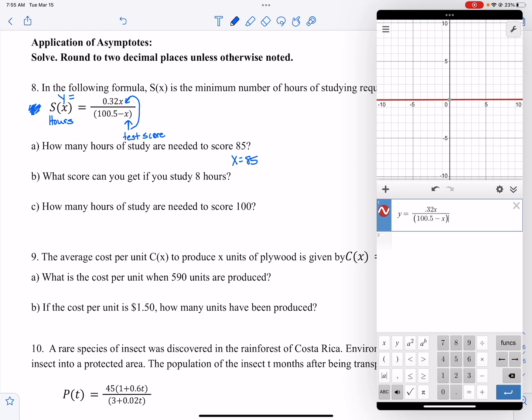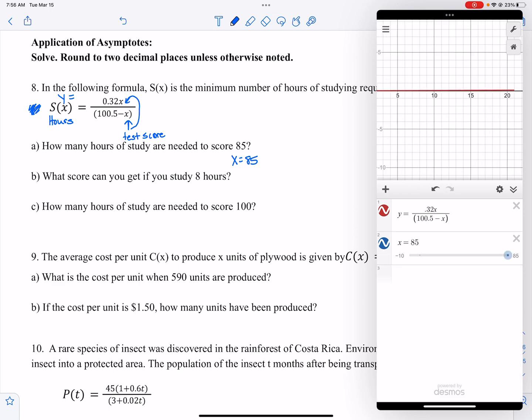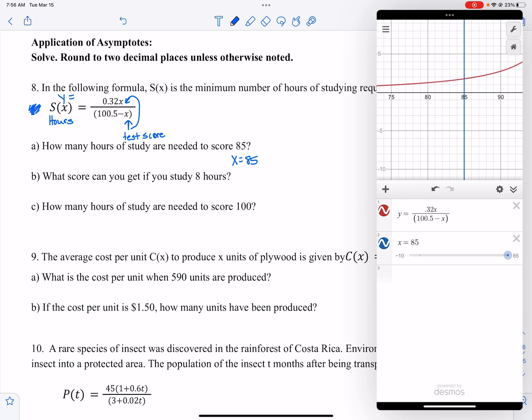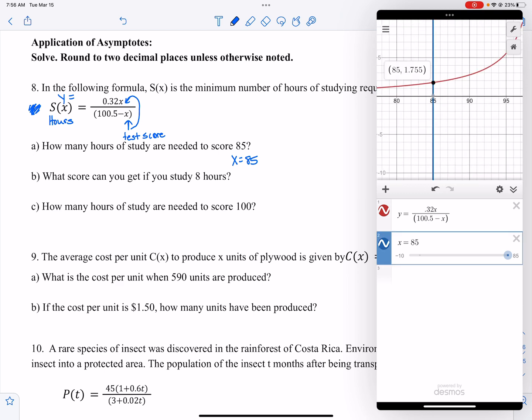And then I need to find where x equals 85. So just type that in, and then you know it's over here to the right a little ways. And then find where they touch. So it looks like 1.8 hours is what is needed. That's the y value. Here, I'm going to round it. 1.8 hours. So we just found the y where x equals 85.